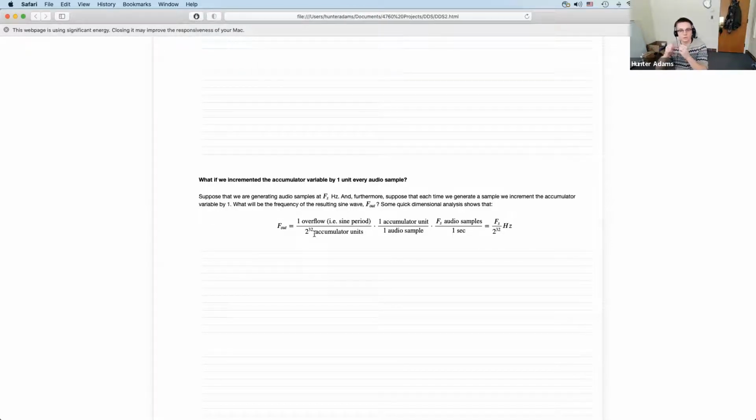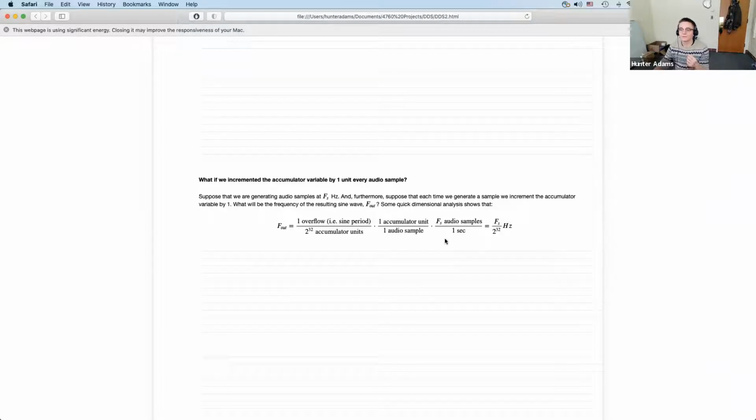So if you're starting with an accumulator value of 0, by the time you add 1, 2 to the 32 times, that variable will overflow, which, because we're using that to track phasor angle, is the same as the phasor going around 1 time. We're considering the case where we're adding exactly 1 every time we enter the audio interrupt service routine. So that means we have 1 accumulator unit every audio sample.